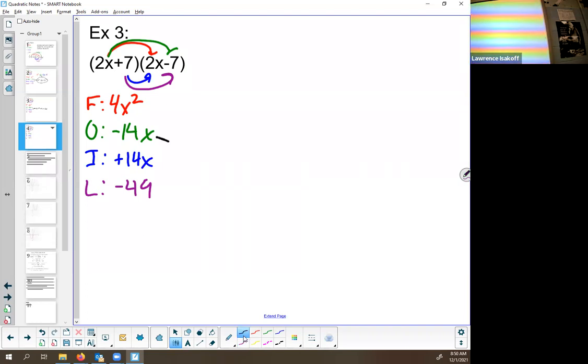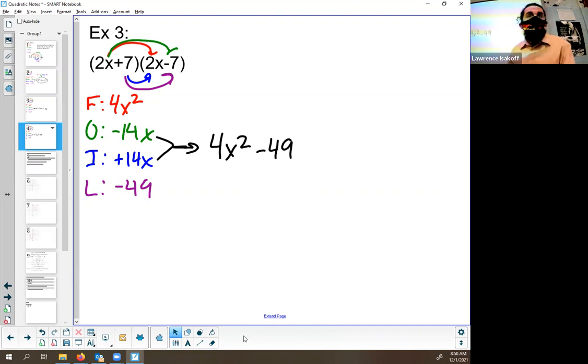Now I just have to combine my like terms. Well, what's a -14 plus 14 gonna give me? 0. So they totally cancel out, leaving me with just 4x squared minus 49. So this is what we call a difference of squares. This isn't just a pattern that comes up.